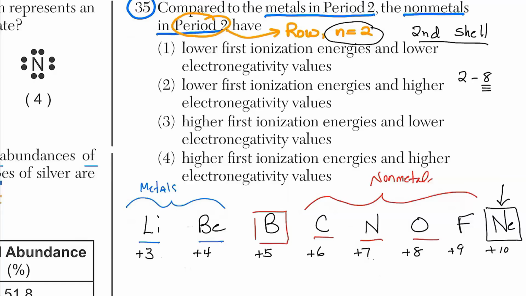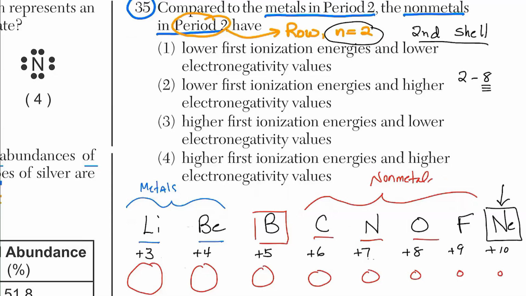But we need to understand something. As we go across, we should know that the atomic radius starts out big but gets smaller as I go across because the number of what? Protons pulls in the electrons.